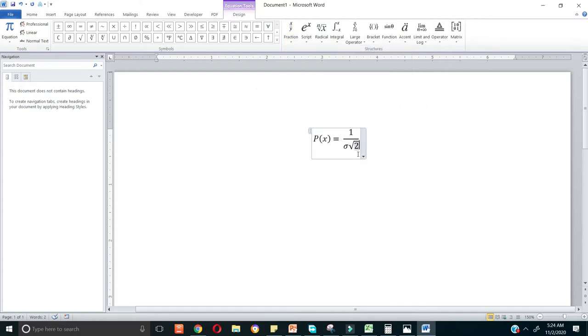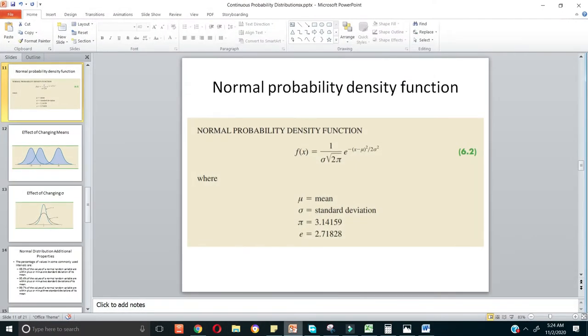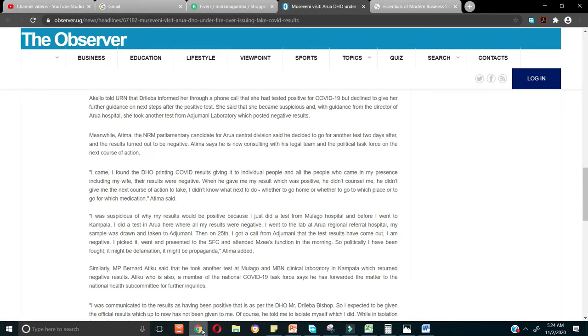Let me just write the actual pi, and you want to have all of this: 2 pi, e to the power of x minus mu squared over sigma squared.